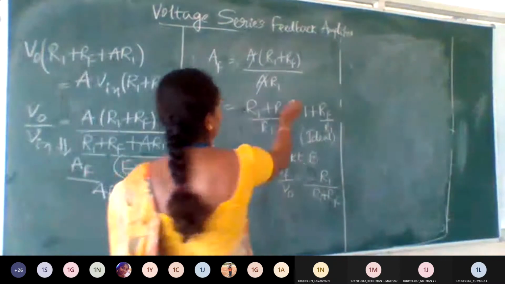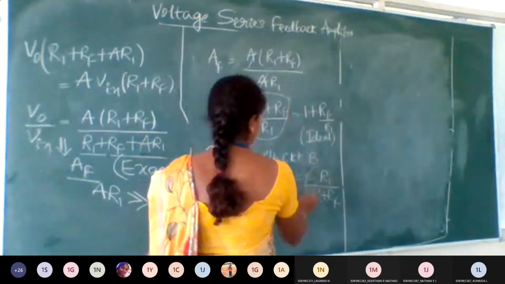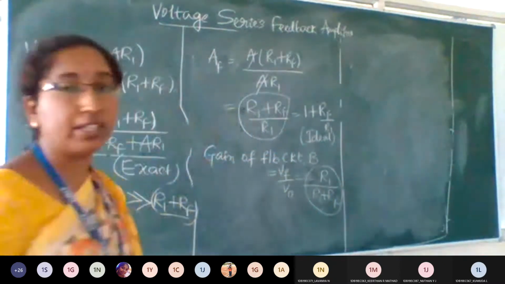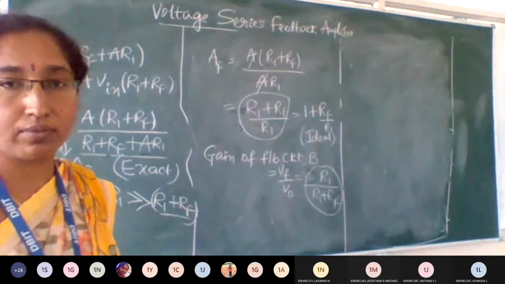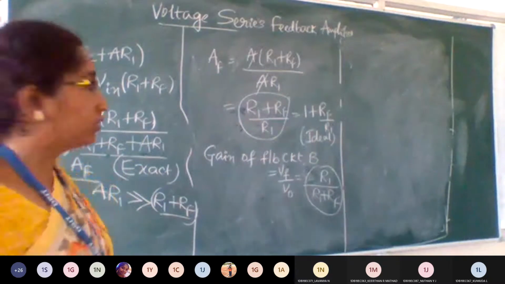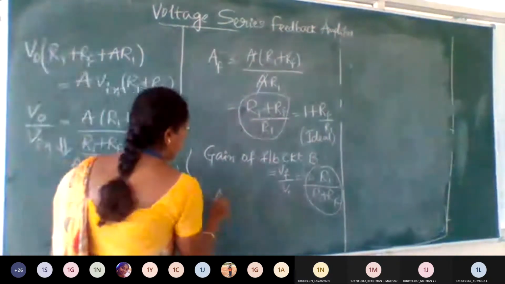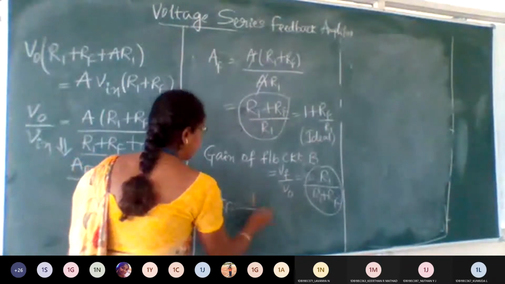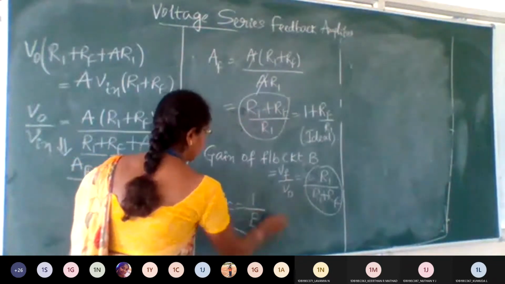Just observe this expression and this. Is it reciprocal? So now, can I write AF or A is equal to 1 by B?